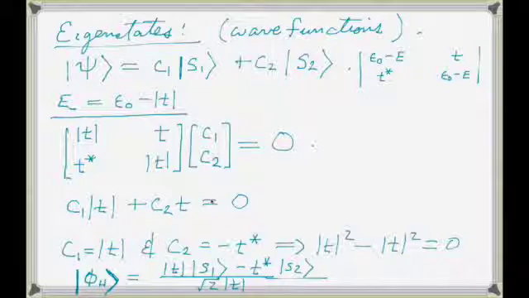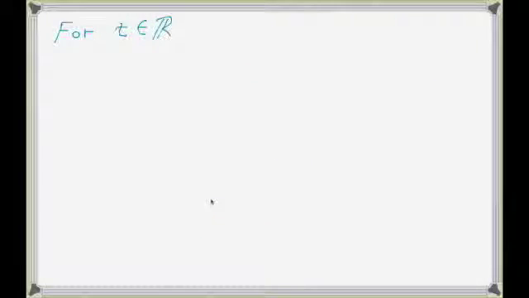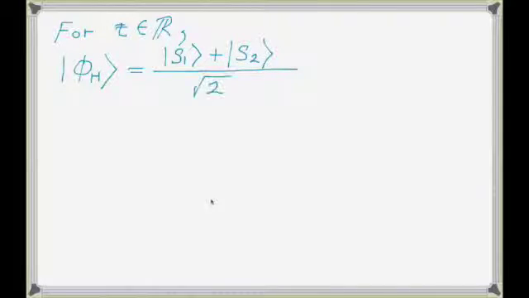And now remember that t is less than 0. And also t is a real number for us. So for t a real number, our bonding orbital, our lowest orbital, is just equal to S1 plus S2 over root 2.